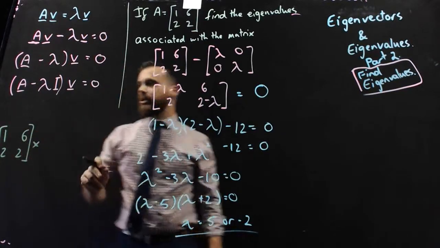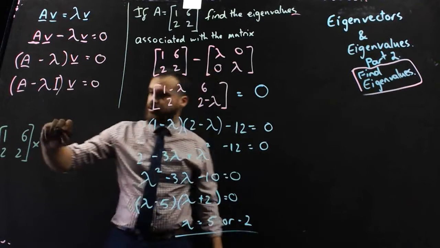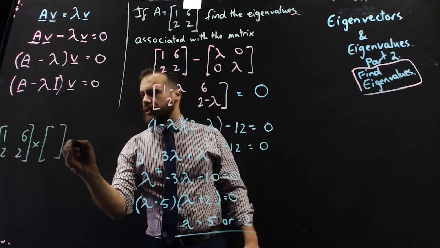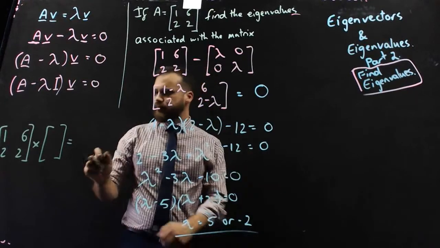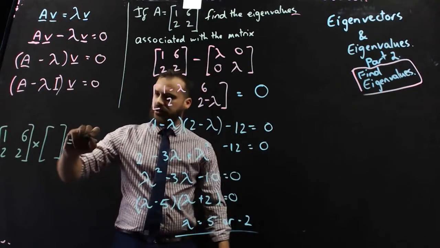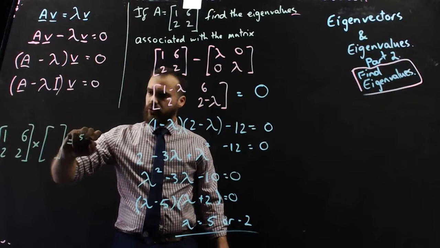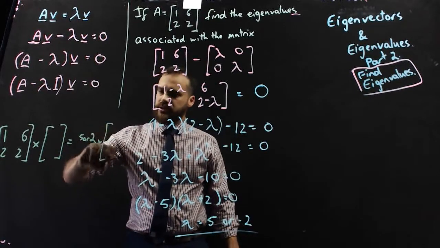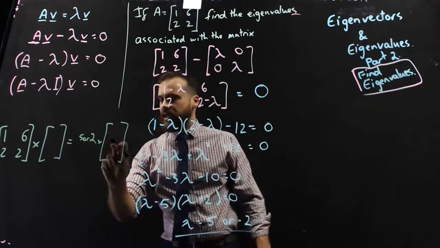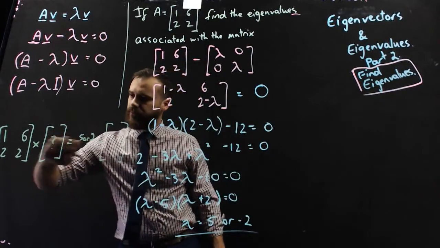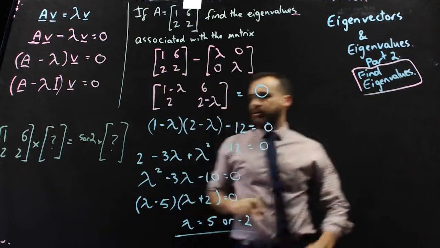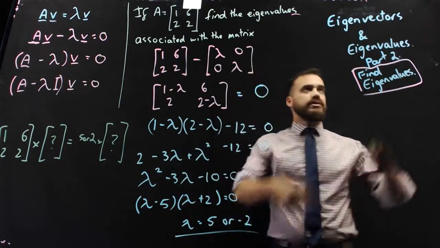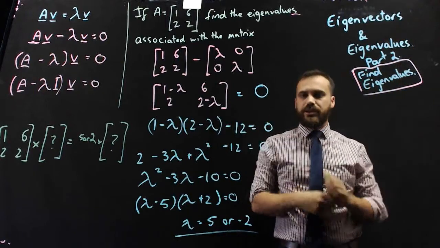If I multiply it by the eigenvector, so some unknown vector, it will be equal to either 5 or negative 2 times that same unknown vector. Alright, so we just need to find out now what that unknown vector is. That's going to be our eigenvector. We'll do that one in the next video.